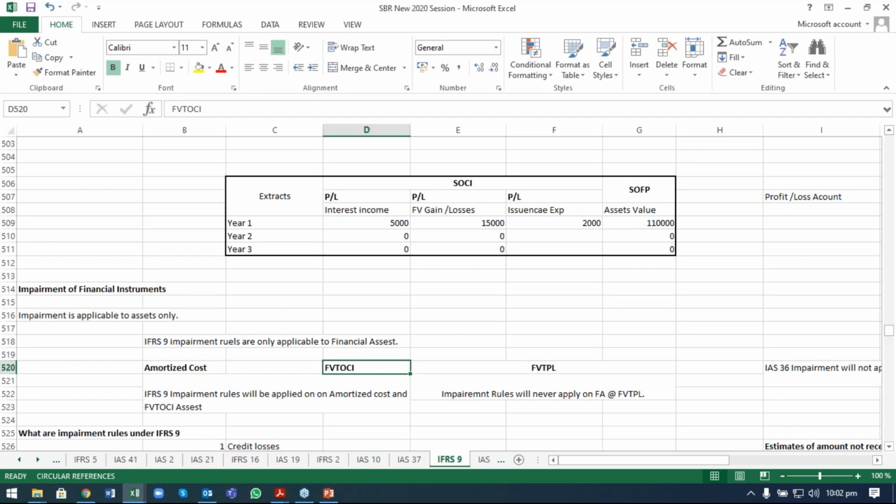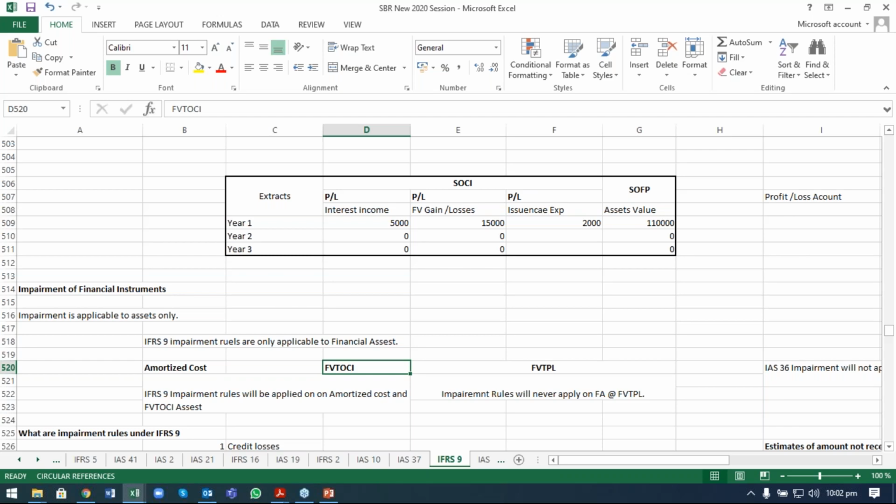But if an investment property was carried at the fair value model, and any gains or losses arising on the valuation of investment property are charged directly to the profit and loss account, IAS 36 does not apply on investment properties.